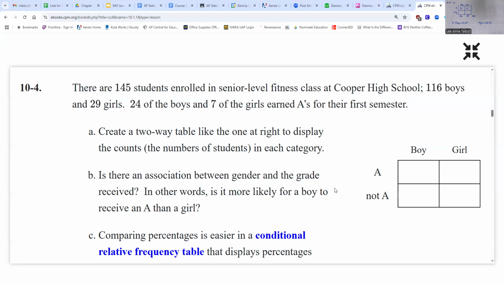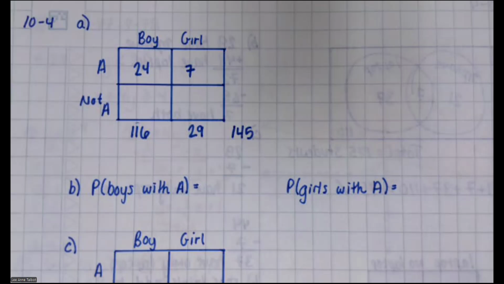Total. Okay, here is where the numbers go.